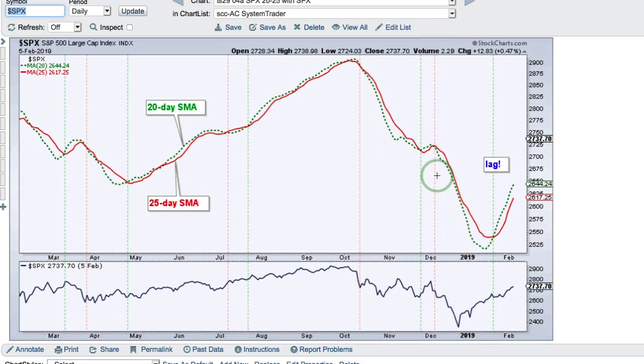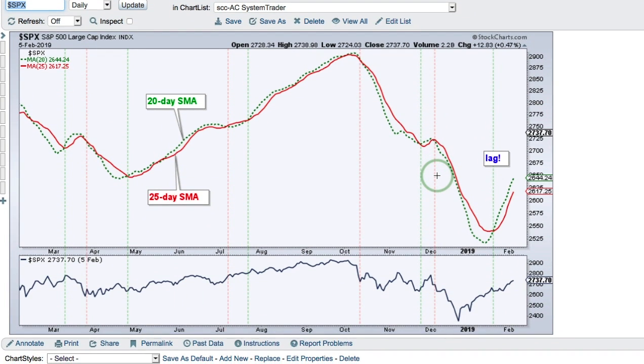Let's look at another chart here to see how this looks in more detail, because there you can see a 1-year chart going back through 2018 here. And we can see the 20-day moving average in green and the 25-day in red. So they stay really close to each other, and then you get a cross, and it usually lasts for a few days, if not a few weeks here. You can see there was a short cross in late November, and then you got a cross in December down.